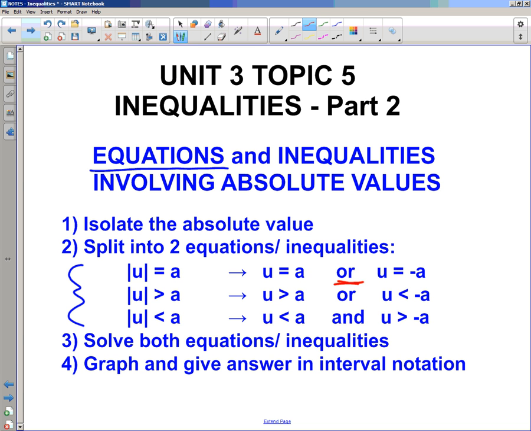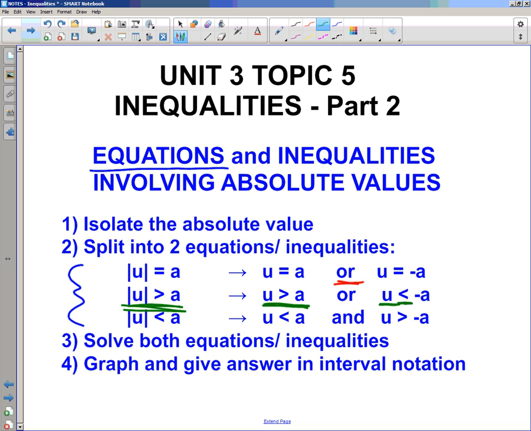So we're still doing the same thing, and I didn't write the KFC part up here, but note that when we start with the absolute value less than a, what happens? First, we drop the absolute value, but the rest of it stays the same. On the other inequality, we drop the absolute value, so we keep everything.